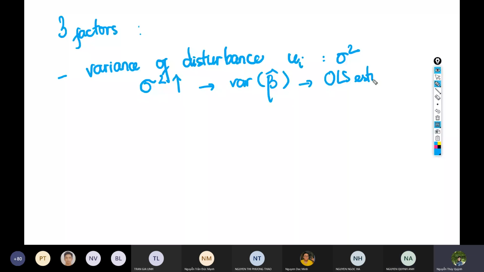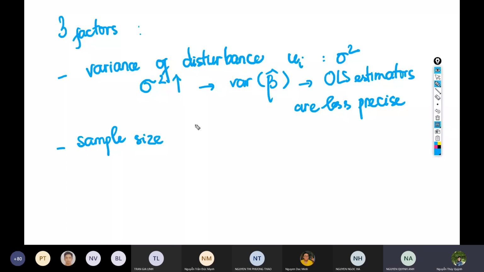All right. Now, what is the second factor? The second factor is the size of the sample. Okay, that is the sample size n. So how does n affect the precision of the OLS estimators?